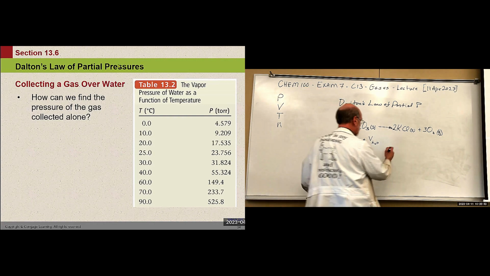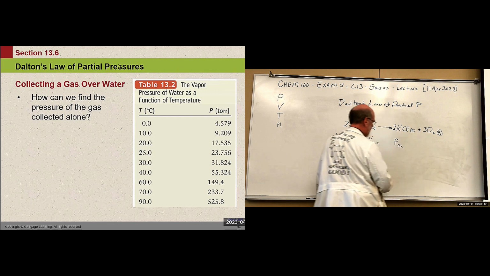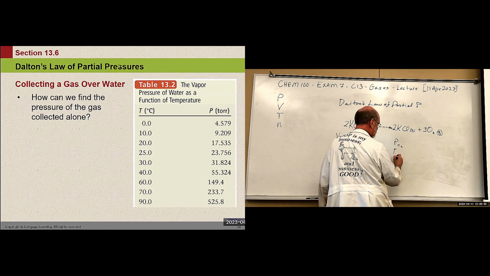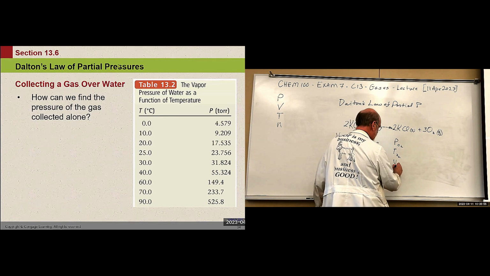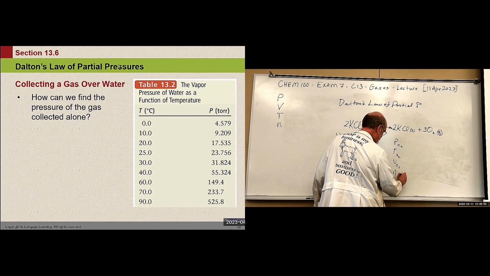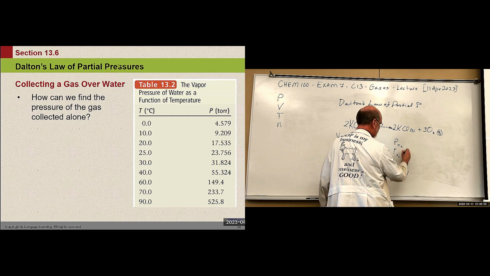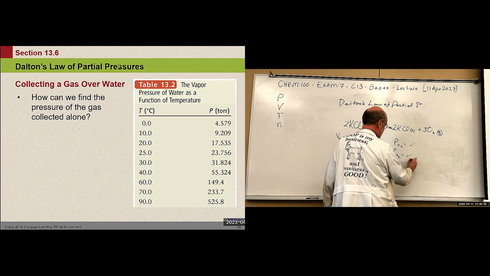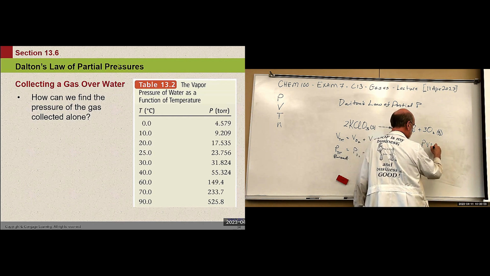Now, once we have the pressure of oxygen, and we know the temperature of the water, and we know the volume, we've measured the volume, then the moles of the oxygen that we collected are the unknown. Right, we got that one, we got that one, we got that one. So we just need to plug them into this equation.